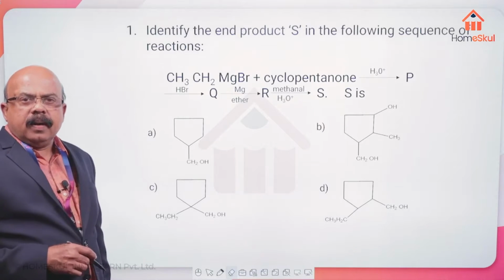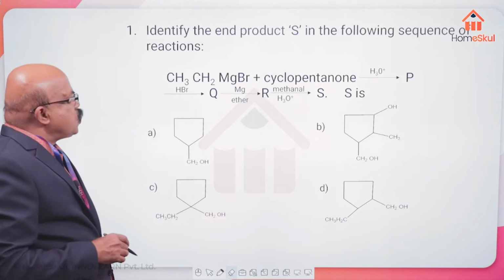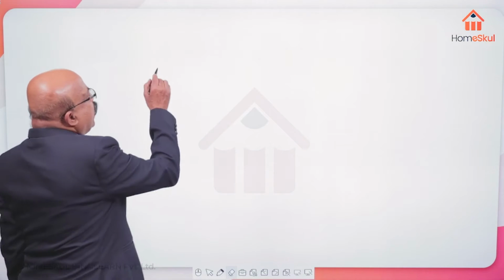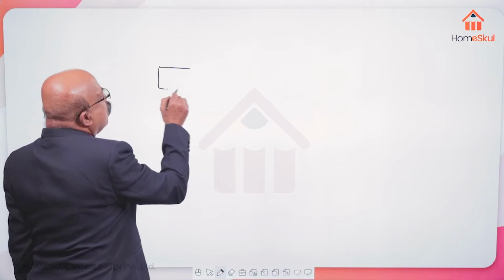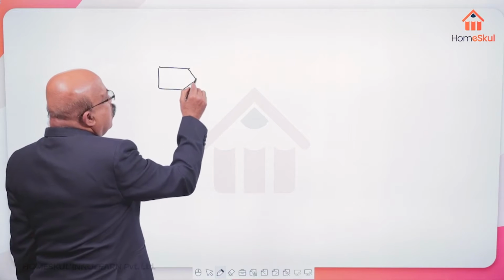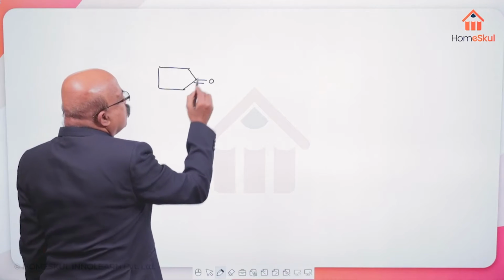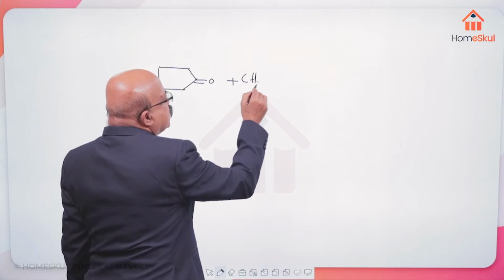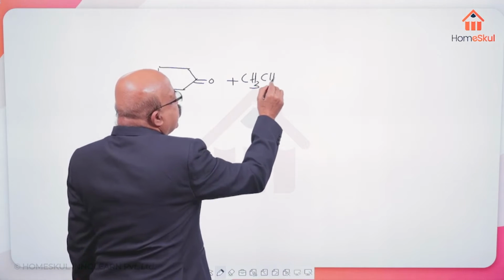We can see the sequence of reactions here. Cyclopentanone is treated with a Grignard reagent, that is CH3CH2MgBr.